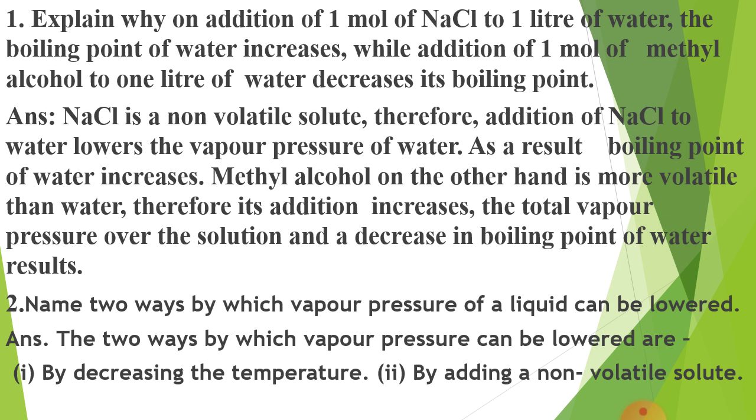As you know, temperature is directly proportional to vapor pressure. Second, by adding a non-volatile solute. The more the non-volatile solute, the less will be the surface of solvent molecules. That's why the vapor pressure will be less.